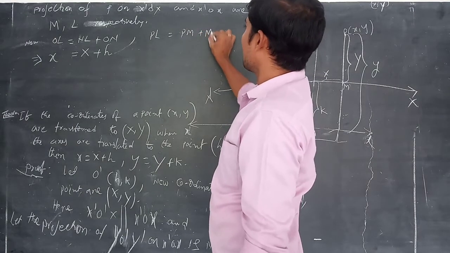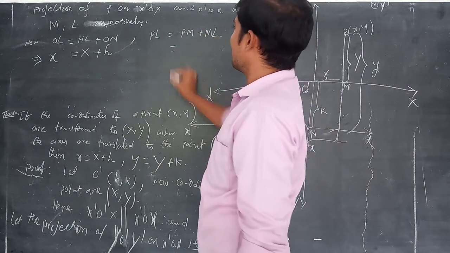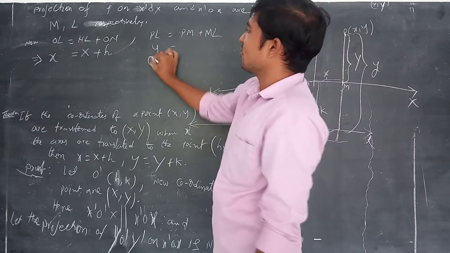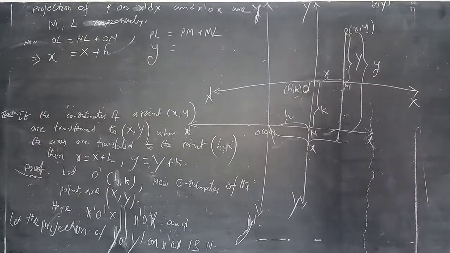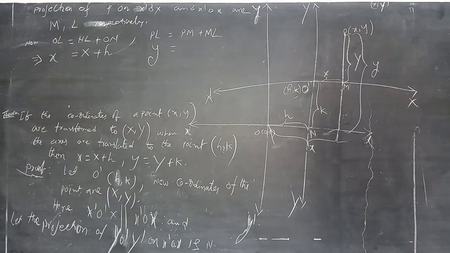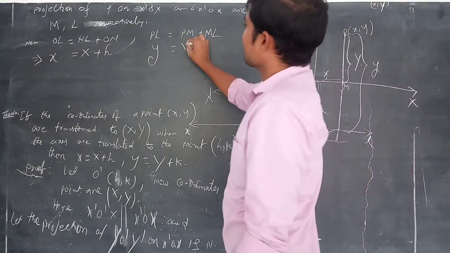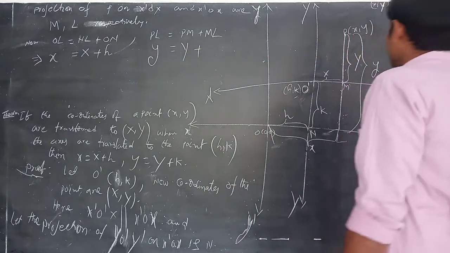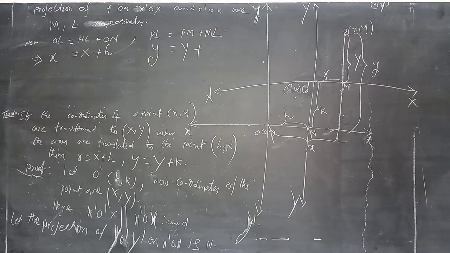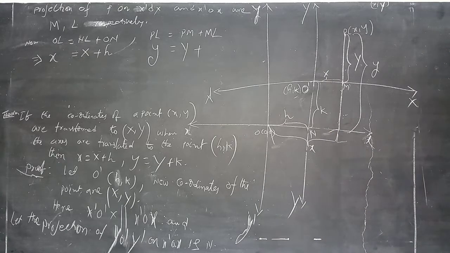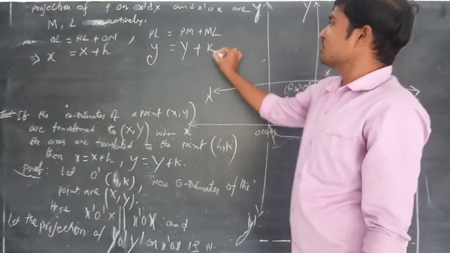What is PL? PL is equal to Y. And then what is PM here? PM equal to capital Y plus ML. What is ML here? We don't have the ML value, but NLM O dash is a rectangle, so O dash N equal to ML. That's why ML equal to K.